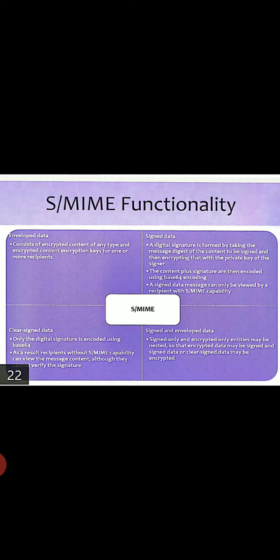Then we prepare the signer block that contains the identifier of the message digest algorithm, public key certificate, identifier of the algorithm used to encrypt the digest, and the encrypted message digest. The whole block is then encoded into base64.